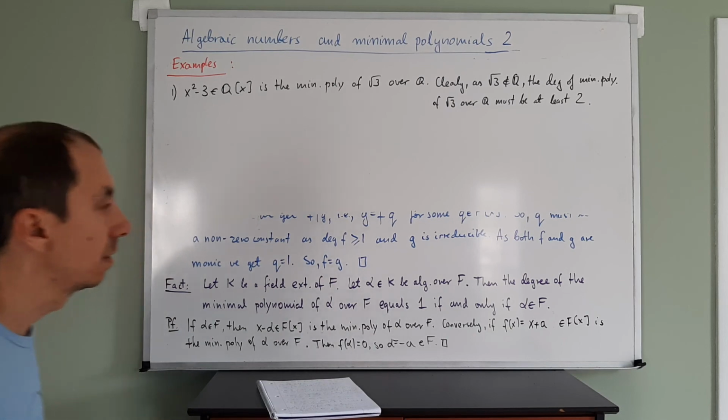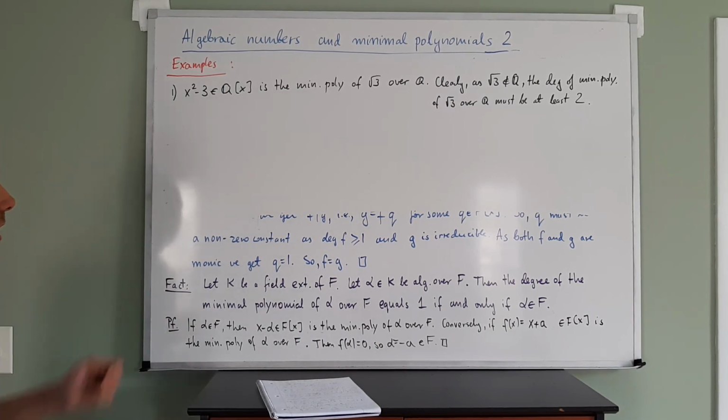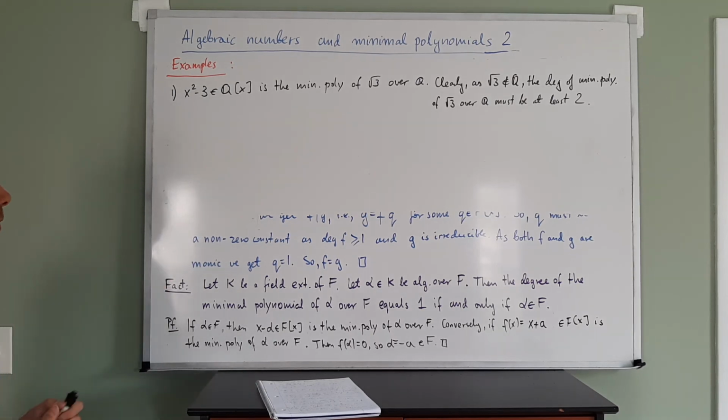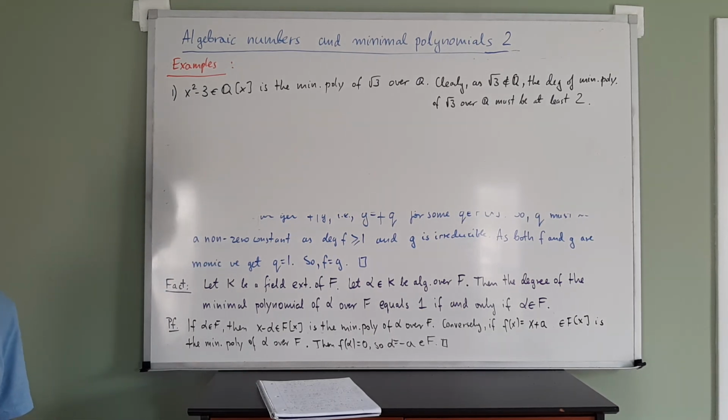So it must be this. Another way to see that this is the minimal polynomial is to apply the corollary that says if I found a monic irreducible polynomial that has my element as a root, that must be the minimal polynomial. And I know x squared minus 3 is irreducible because it's a quadratic and does not have a root in Q.